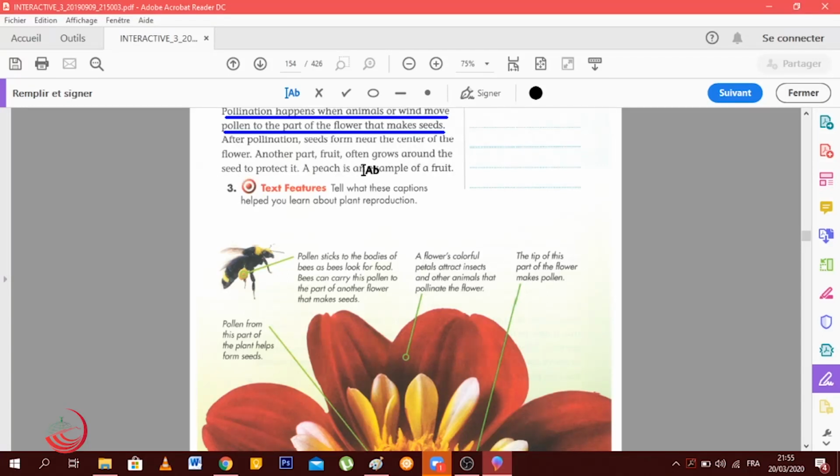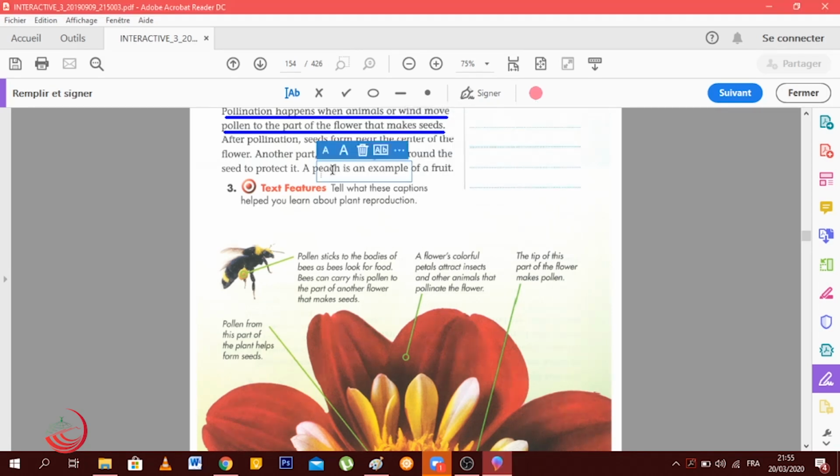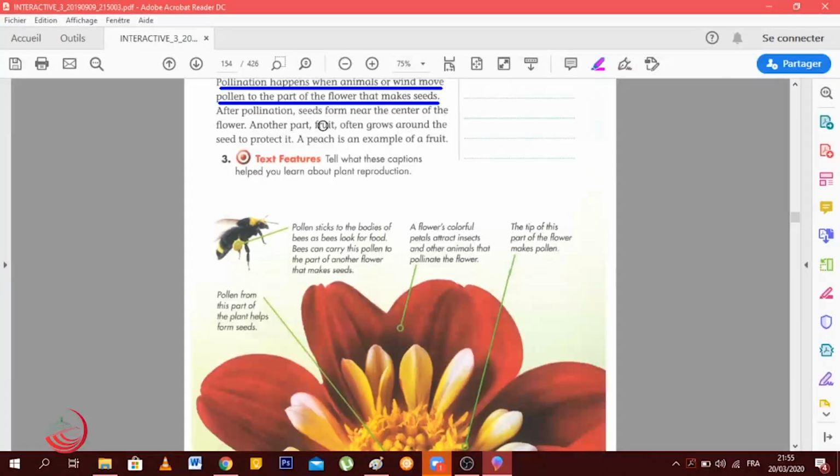A peach is an example. So here again, let me get a highlighter again. So fruit often grows around the seed.